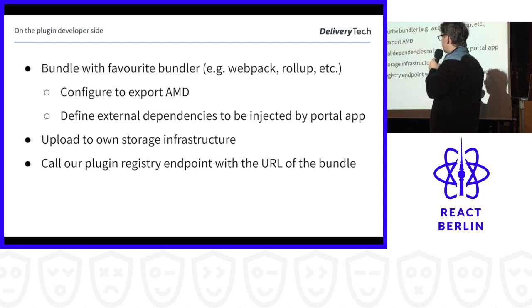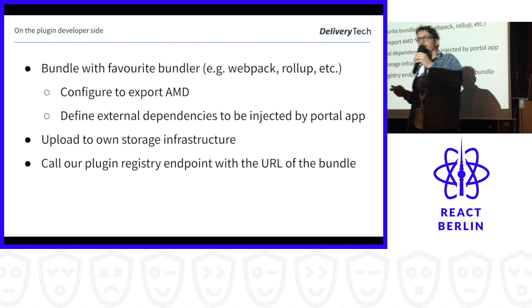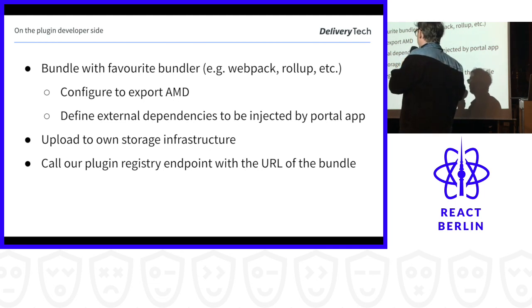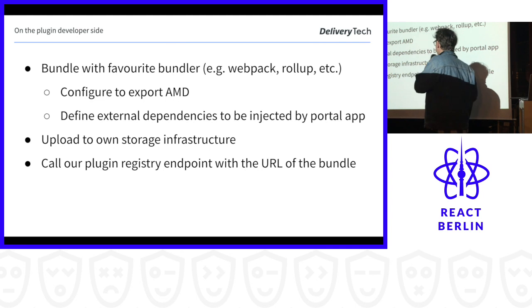You need to configure it to export AMD and define these external dependencies: React, React Router, Material UI, etc. Because you don't want to include these in your bundle, otherwise you get a really huge bundle. And the problem is that some things don't work when you have two instances of them. React, you don't want to have two instances of it. It will not work when they interact with each other. Also, different versions.